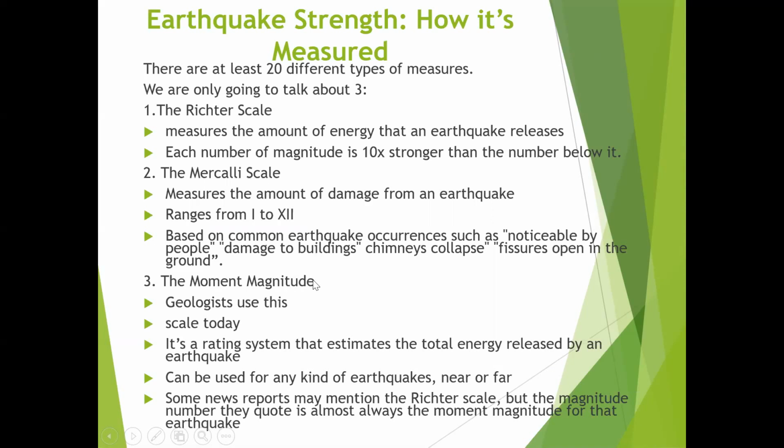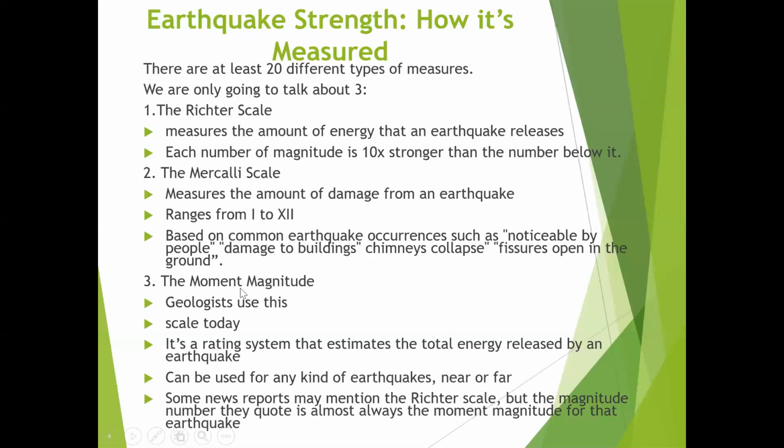And then the last one is going to be the moment magnitude. So this is going to be the scale that geologists use today, and it's going to be looking at the total energy released as well. And can be used for any kind of earthquake, near or far. So some of these have problems with measuring earthquakes that are far away. So like the Richter scale is really good at measuring earthquakes that are close, but not necessarily earthquakes that are far away.